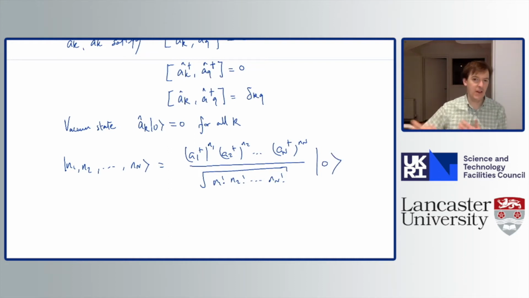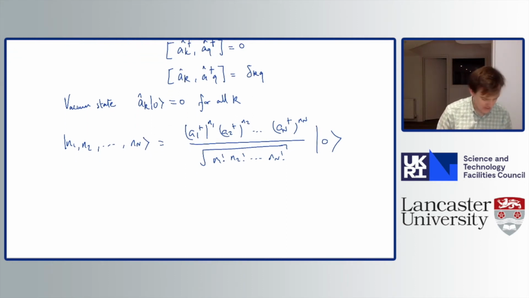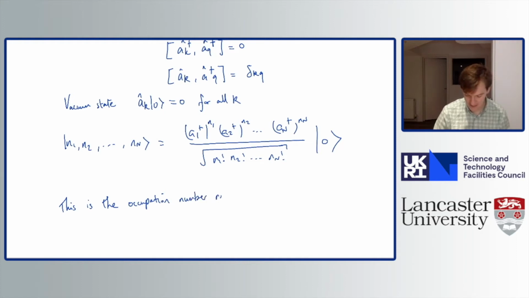So by acting on the vacuum state with these creation operators, we can build up any state we want. So there's a technical name for this. This is the so-called occupation number representation, because we can completely specify the state by the occupation number of the kth n value.